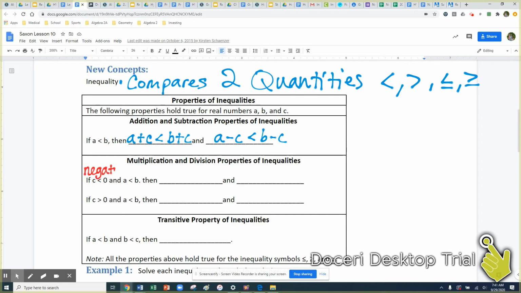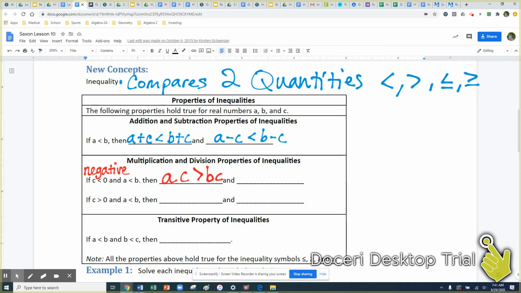We'll just put that more in layman's terms. C is less than 0 just means that you're dealing with a negative number. If C is less than 0 and A is less than B, then when you multiply A times C and you multiply the negative on the other side, B times C, it now changes the sign. It's going to make the AC side bigger.